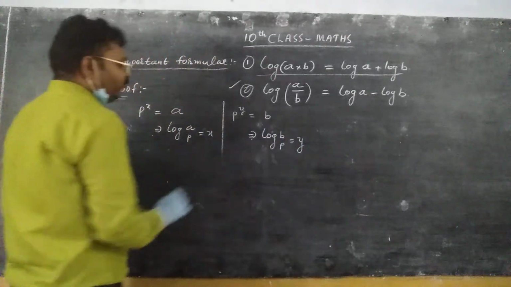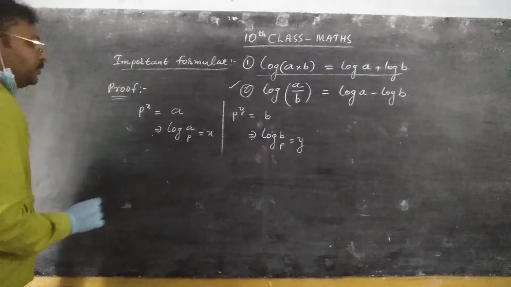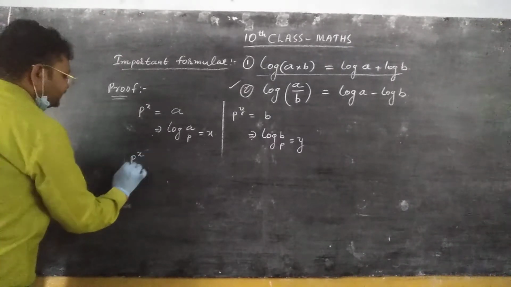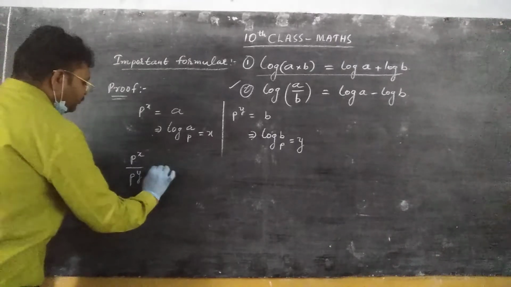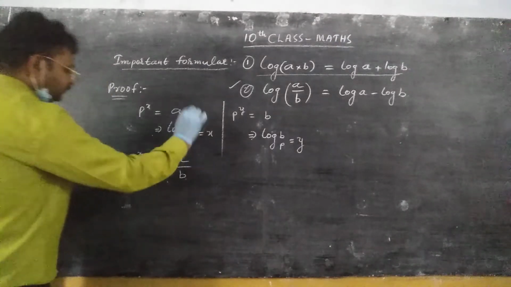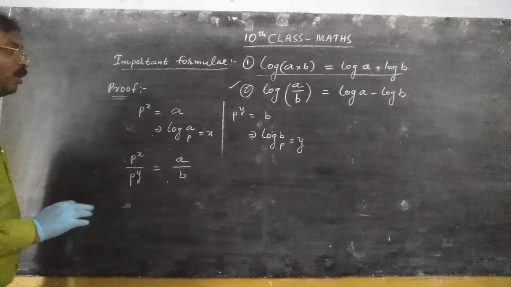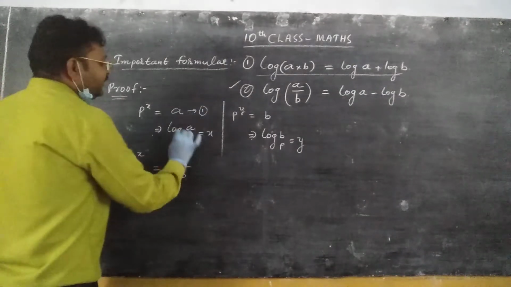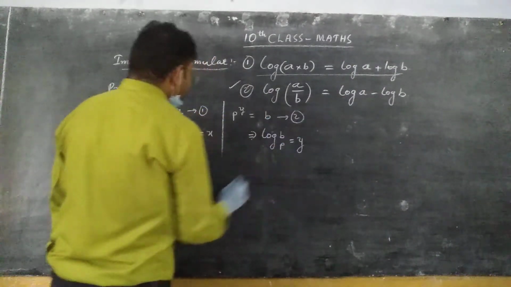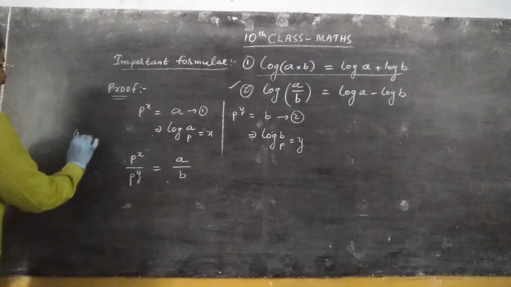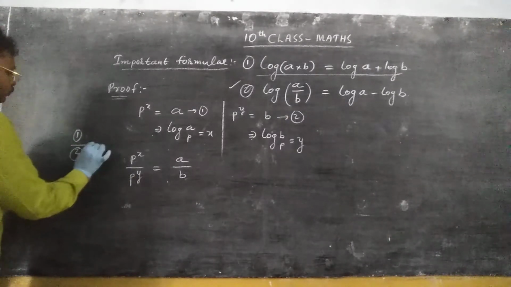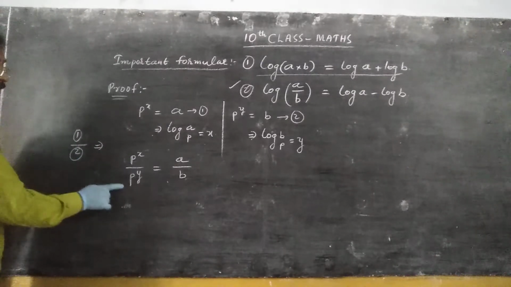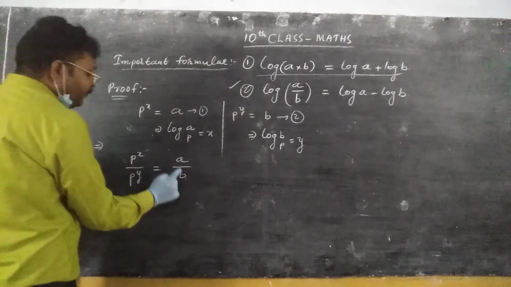Now children, you do a by b. p power x by p power y is equal to a by b. This is equation 1 and this is equation number 2. You do 1 divided by 2. Then we get p power x divided by p power y is equal to a by b.